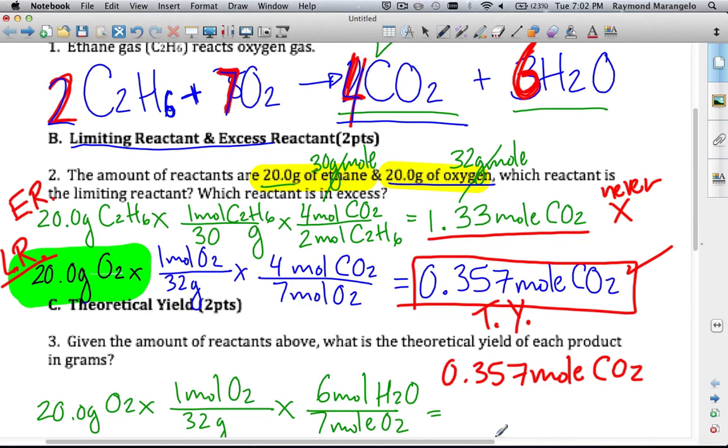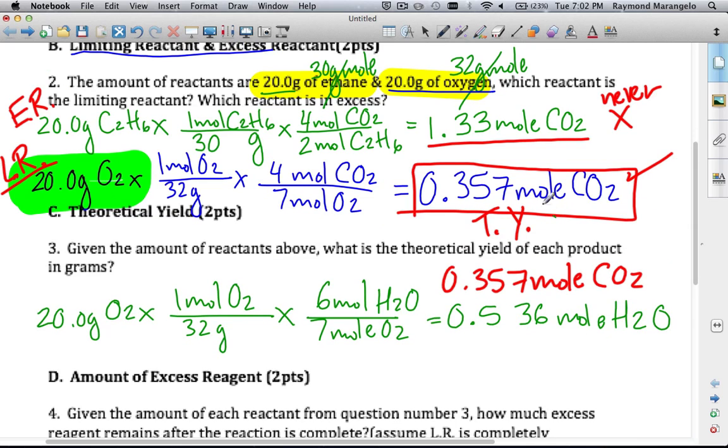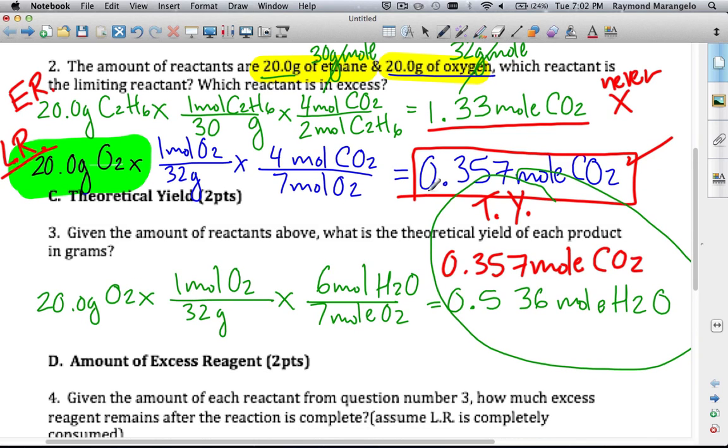And I would do that math, and it's 20 divided by 32 times 6 divided by 7, and I would get 0.536 moles of H2O. That is the theoretical yield of each one of the products. Okay, I got this number from here, and I got that number from there.